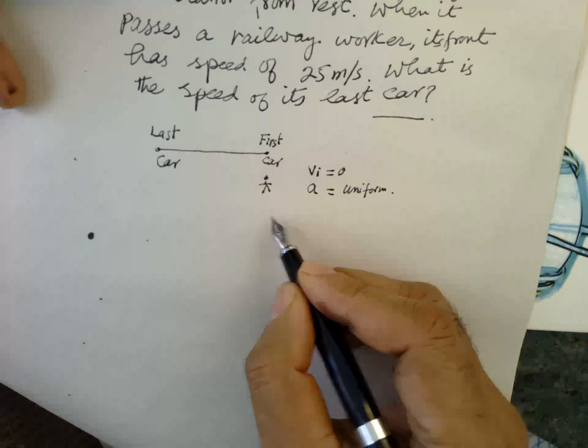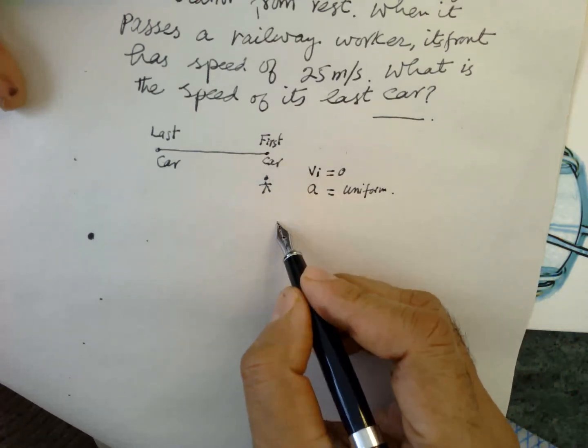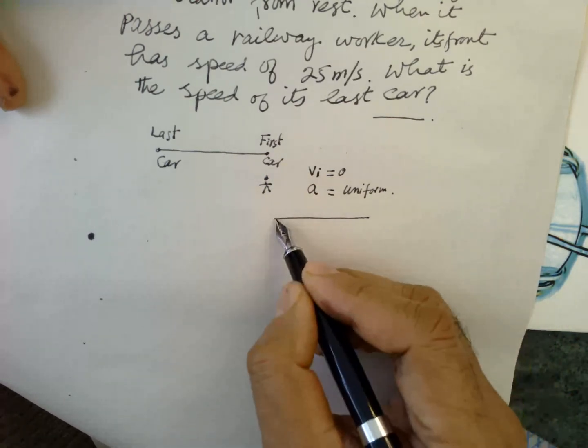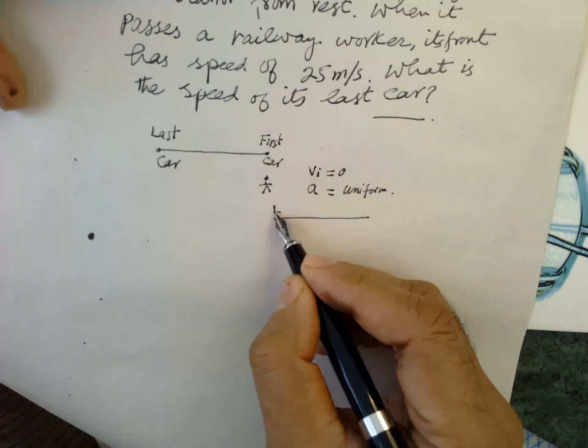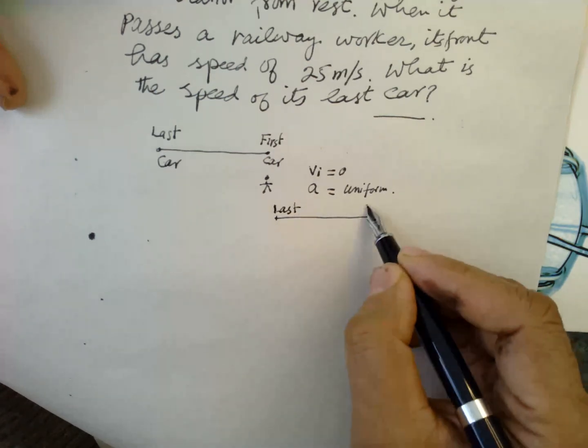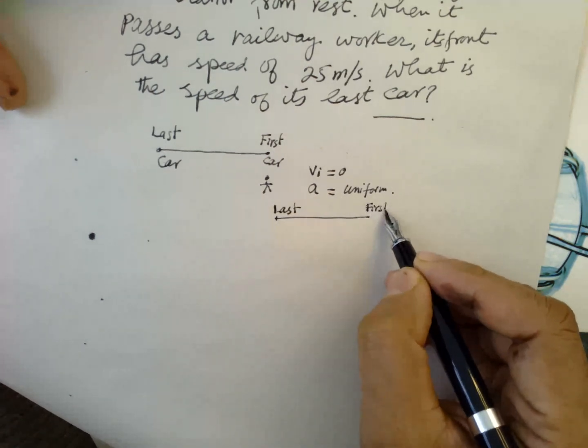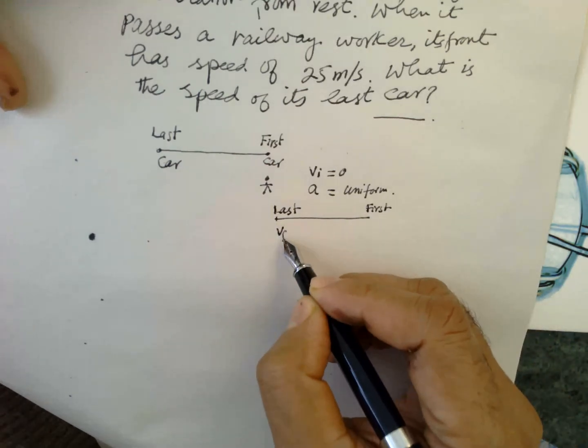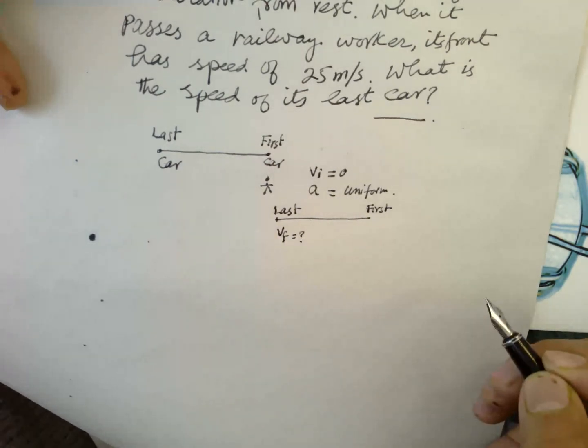And what happens then when this is the last car? After time t, the last car is where the first car was. And what is its final speed?